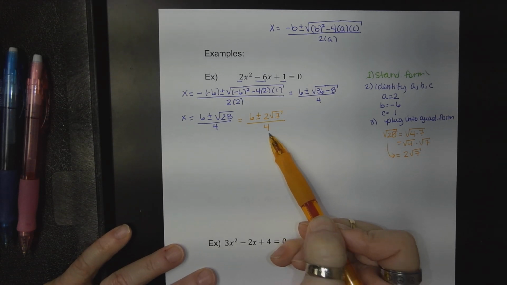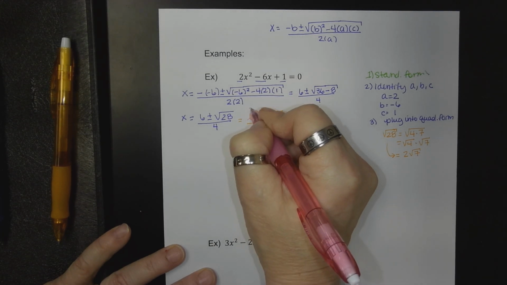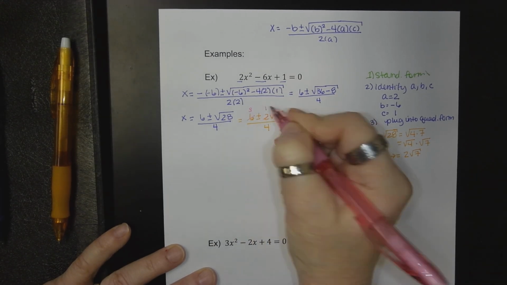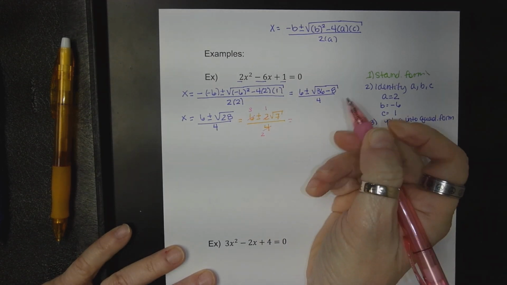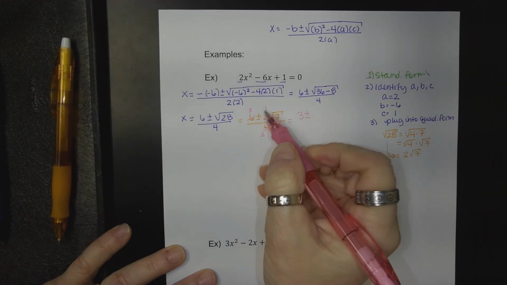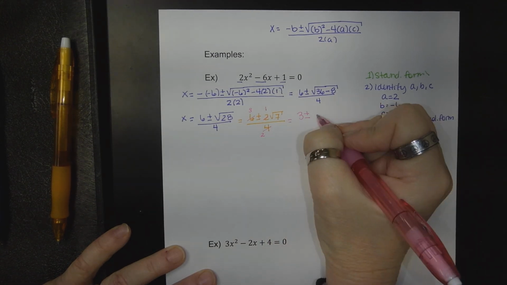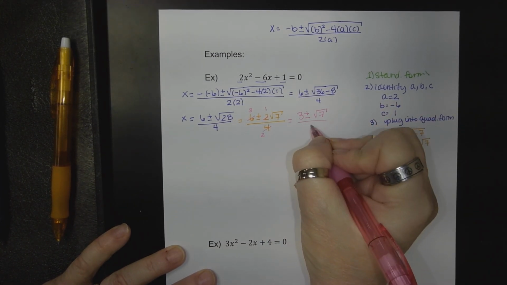So let's do that. 2 goes into 6 3 times, 2 goes into 2 1 time, and 2 goes into 4 2 times. So let's rewrite that simplified. This is going to be 3 plus or minus 1 times the square root of 7, which is just the square root of 7, so we do not need to write the 1. And this is going to be over 2.